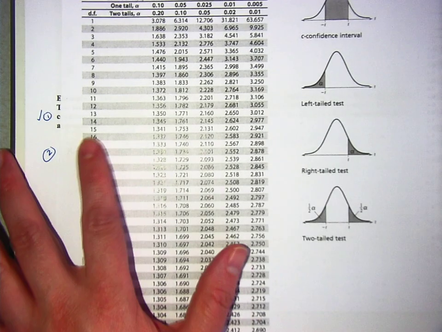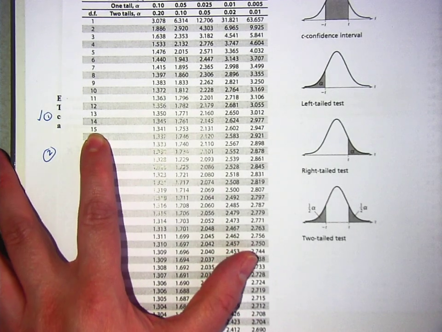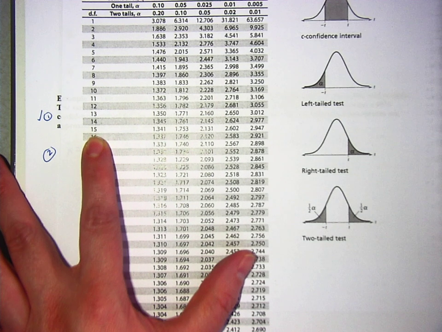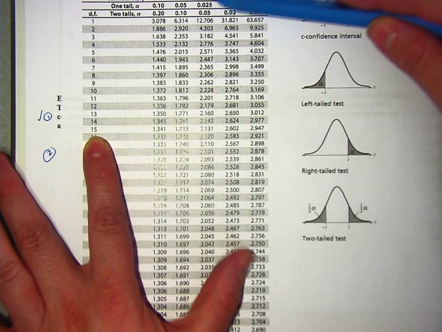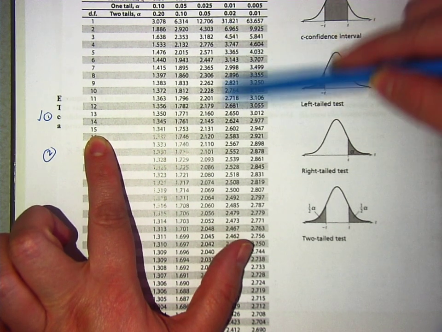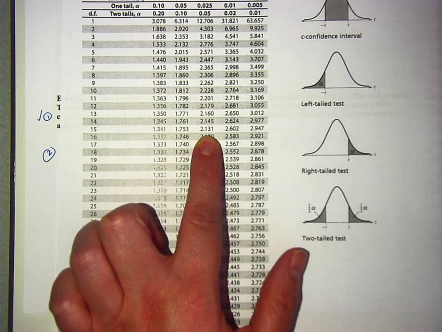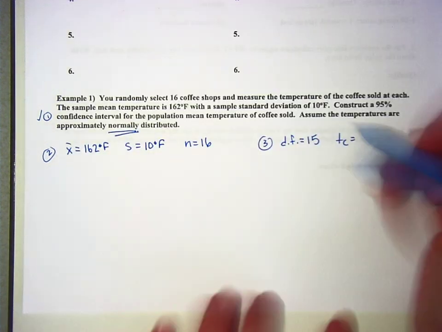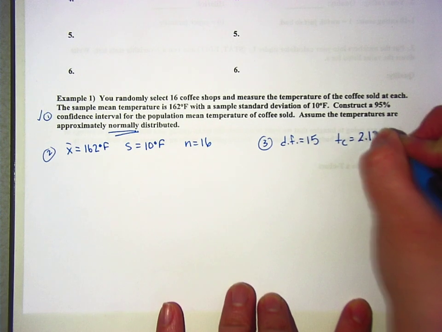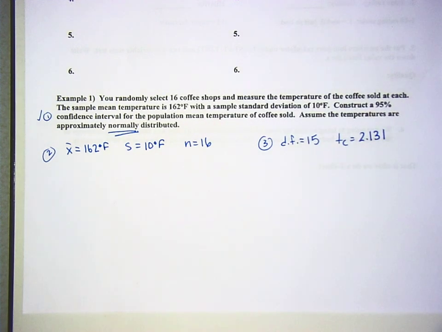We're going to go to 15 on the side, and then you're at 95 level of confidence up here. And you go down the list and line them up. And I got 2.131. You get the same thing?